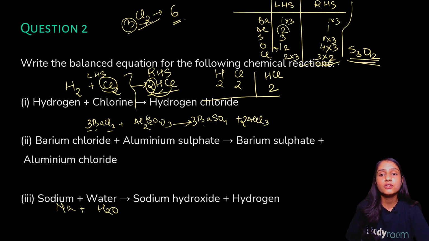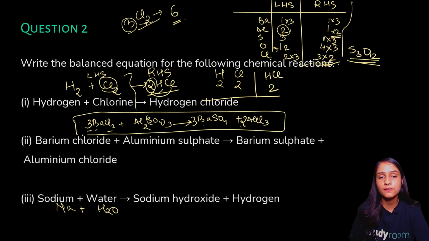So aluminium was 2. Either way we had to add 2 here. But in order to balance the chlorine atoms, we added the 2 here. So this equation is properly balanced. Yeah, this is it. This is the complete balanced chemical equation.